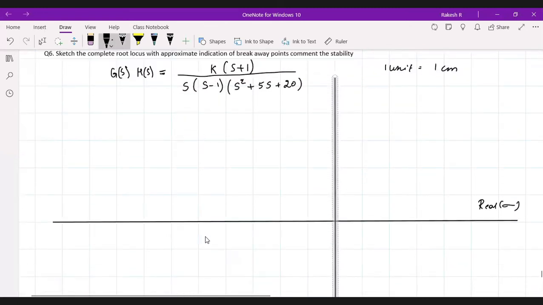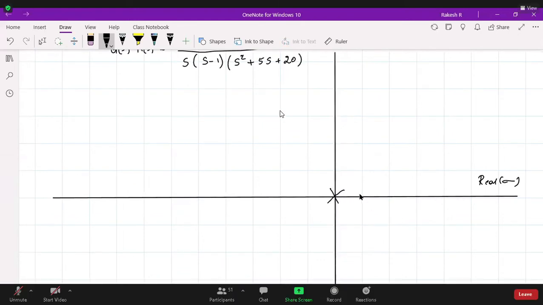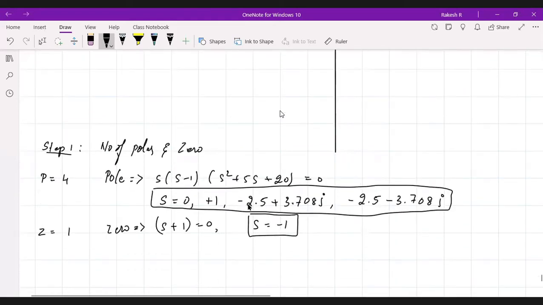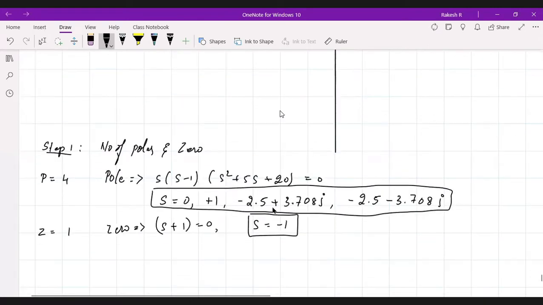Now, first root is s is equals to 0. This is one root here, and s is equals to plus 1 is another pole, and we have s is equals to minus 2.5, 3.708. It is minus 2.5.